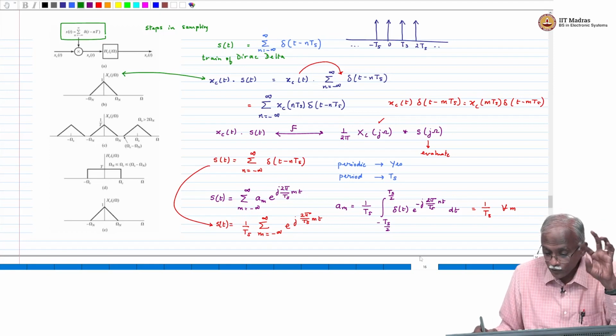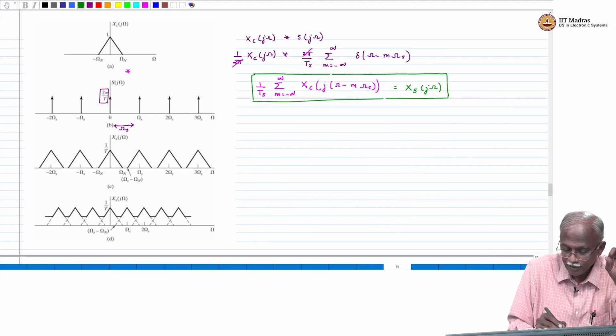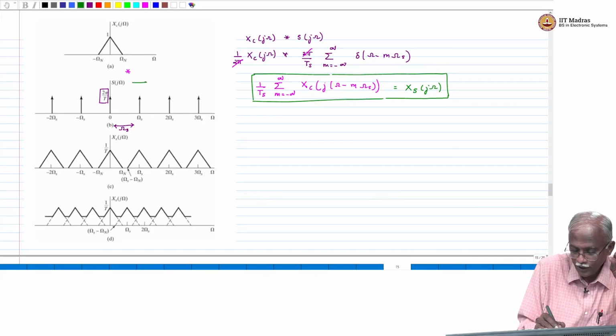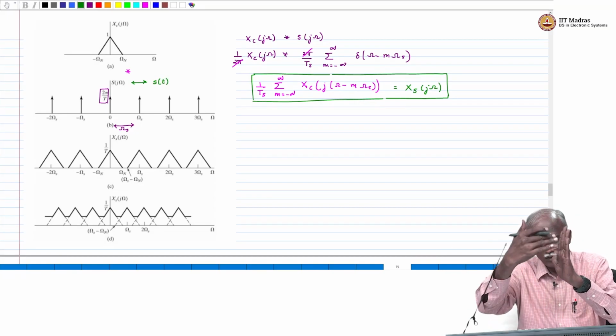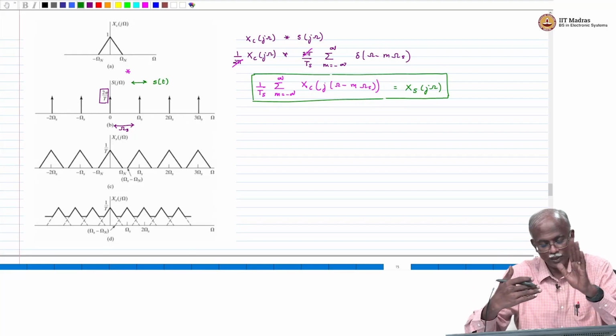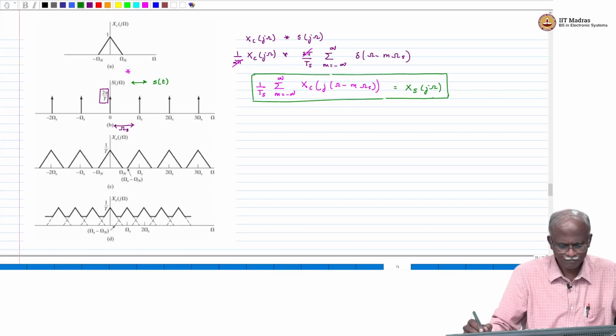Now s of t has got a representation which is given by s of j omega. So this is the Fourier transform of s of t. So when you multiply s of t and xc of t, you must convolve xc of j omega and s of j omega, and that is what we get as the expression that we have here.